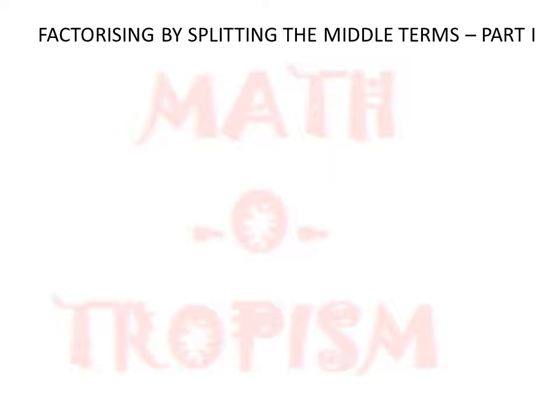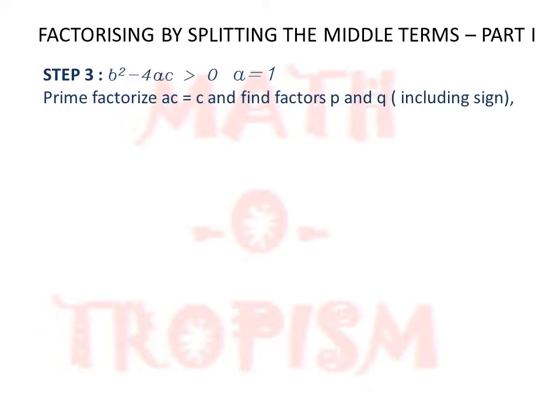Next we will see the condition where b square minus 4ac is greater than 0 and we already have a equal to 1. When it is greater than 0, prime factorize ac. That means a is 1, so just prime factorize c. And then we are going to find two factors p and q. That is, c is split into two factors p and q, which means p into q will give me c.